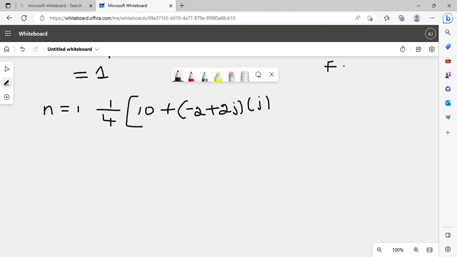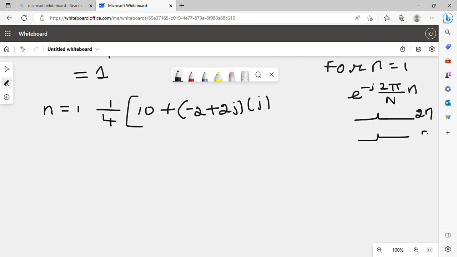For n is equal to 1, e to the power of minus j 2 pi by n into n, and e to the power of minus j 2 pi by n into 2n, and the same with respect to 3n, that is equal to j, minus 1 and minus j, right? That is what you have to learn, right?